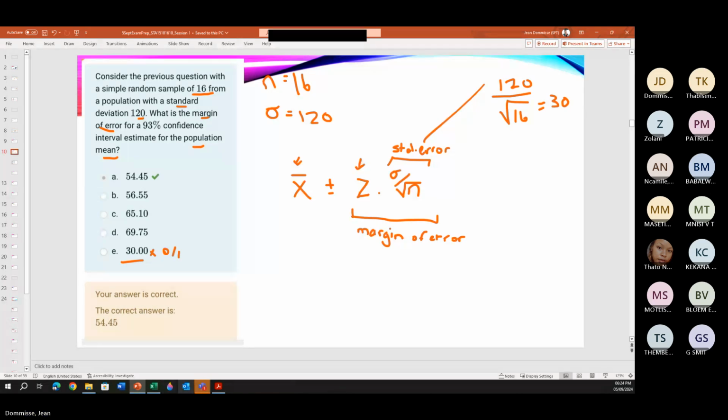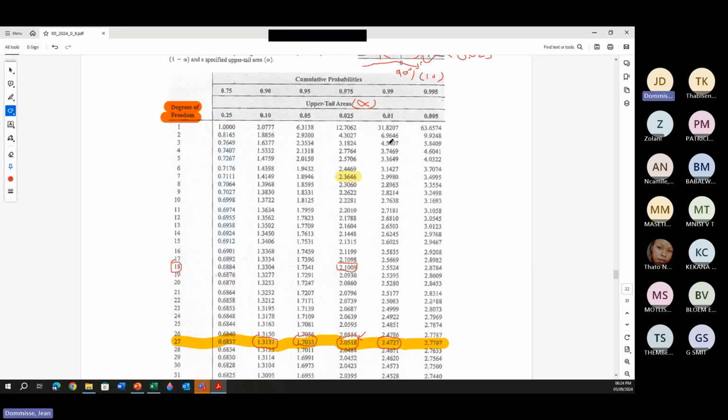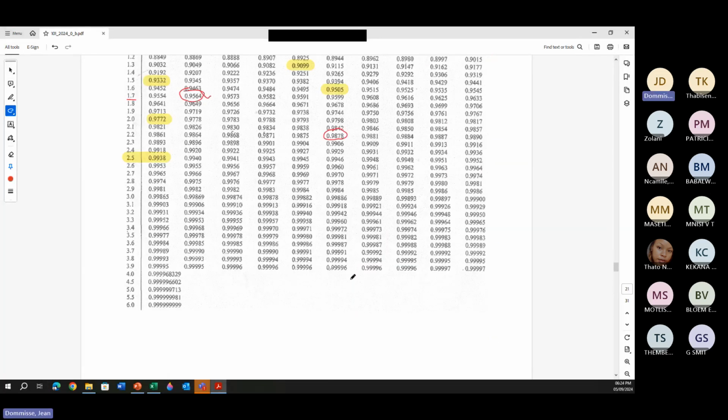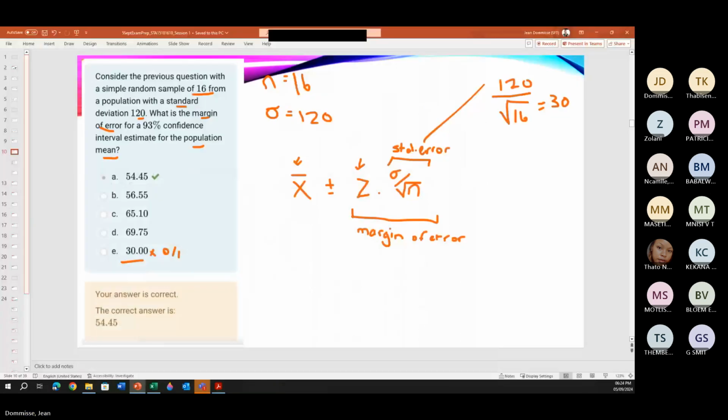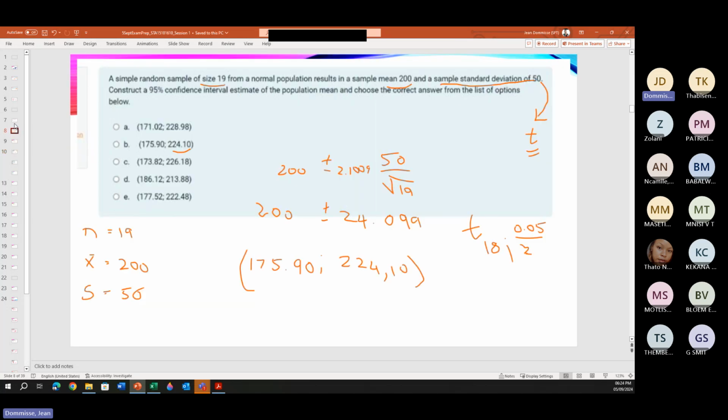So let's quickly check, I now actually assume that they, consider the previous question with a simple random sample of 16 from a population with a standard deviation of 120. Let's just quickly check.